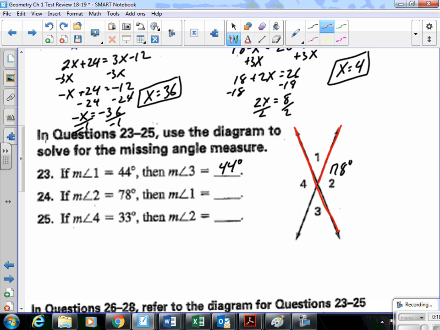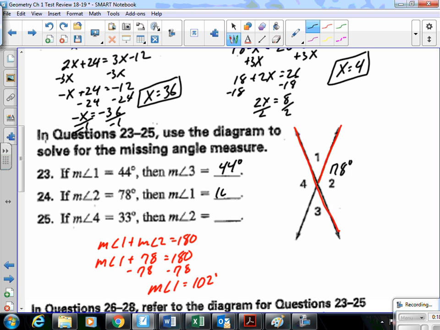So the measure of angle 1 plus the measure of angle 2 should equal 180, or the measure of angle 1 plus 78 equals 180. Subtract 78 from both sides. The measure of angle 1 would be 102 degrees.